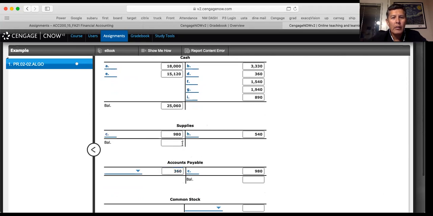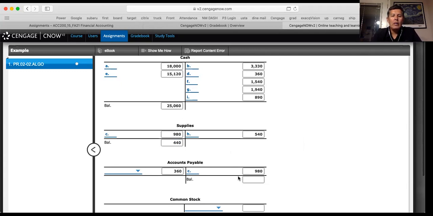By the way, notice how up here I forgot to do this: 980 minus 540. I guess some of you could do this on your own. 980 minus 540 equals 440. So down here, there's a debit balance of 440. Now over here, remember on your payables, you're going to have a credit balance.